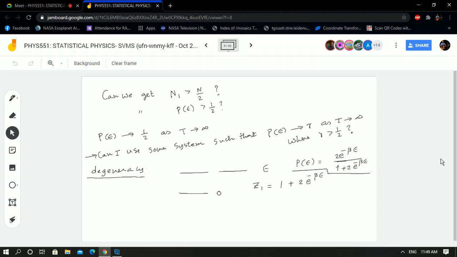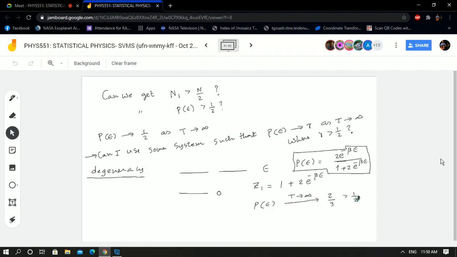Now what happens to P of epsilon as T tends to infinity? As T tends to infinity, beta tends to 0, so it will be 2 by 3. So we have achieved that, because 2 by 3 is greater than 1 by 3.